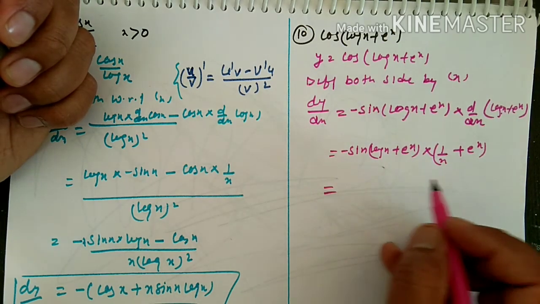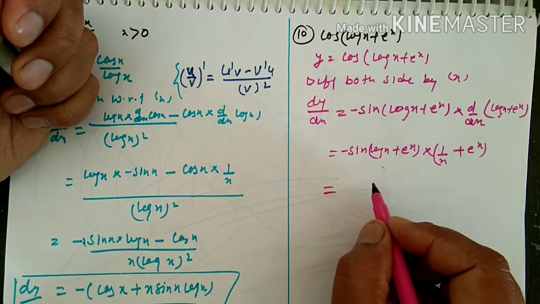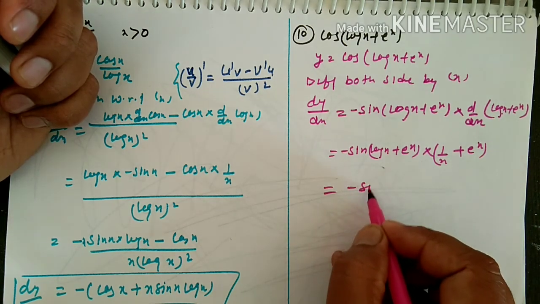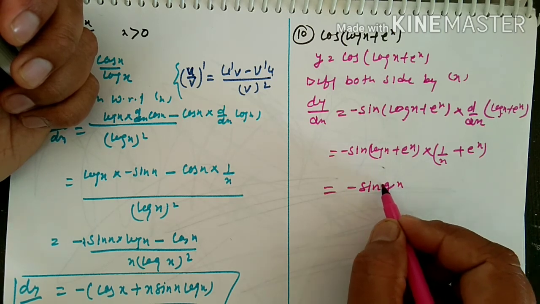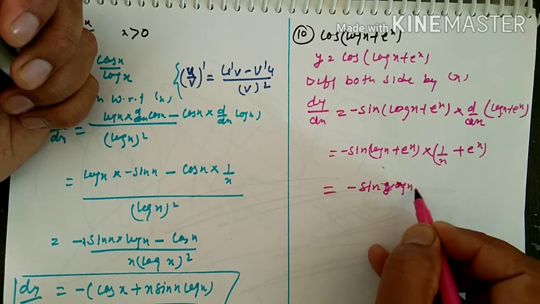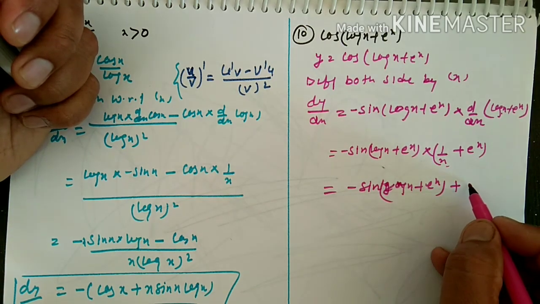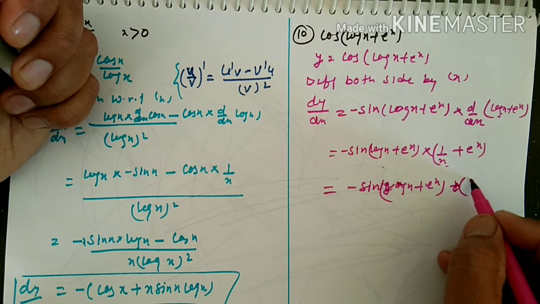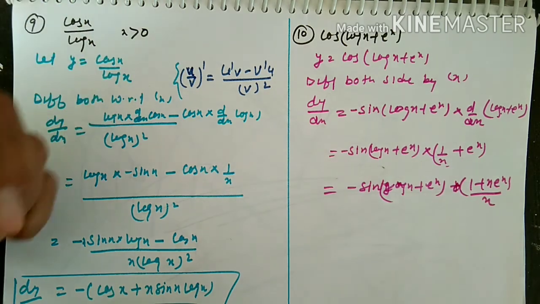So finally it can be written as minus sin of log x plus e to the power x, plus, we can write it as into 1 plus x e to the power x upon x.